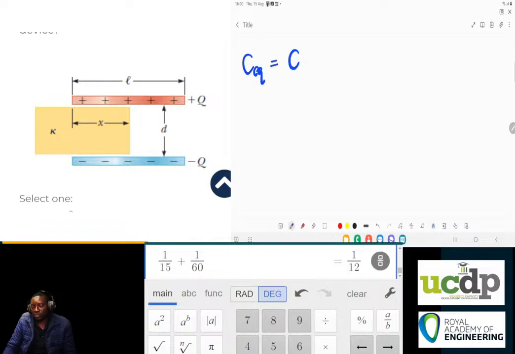I think it will be different because this side has a dielectric and this side doesn't. So it will be affected differently. Okay, good. So how do we add? Do we add them like capacitors in parallel or capacitors in series?